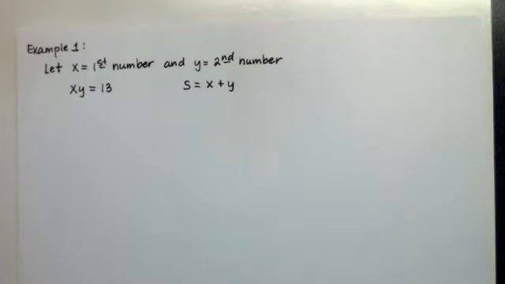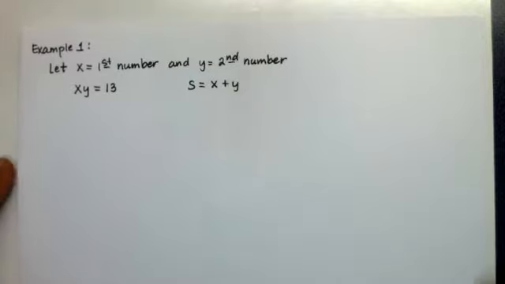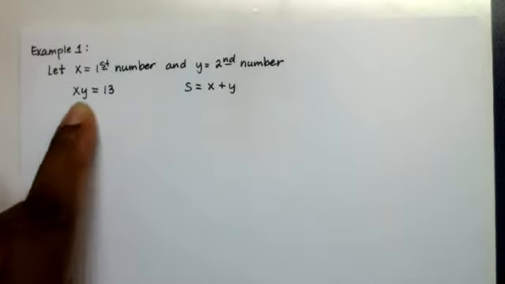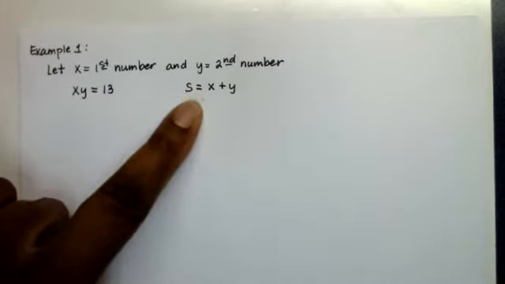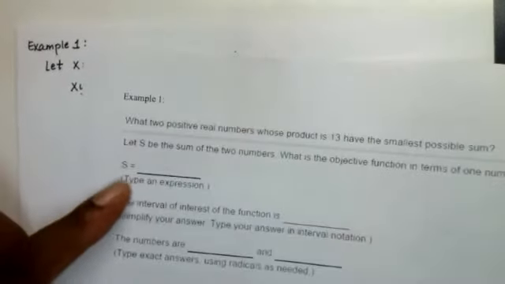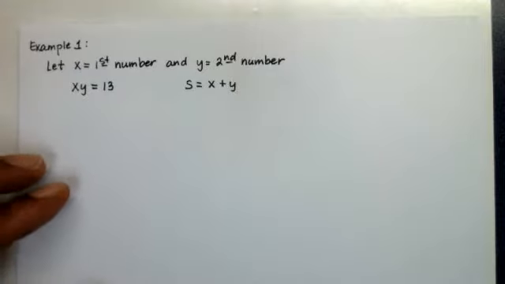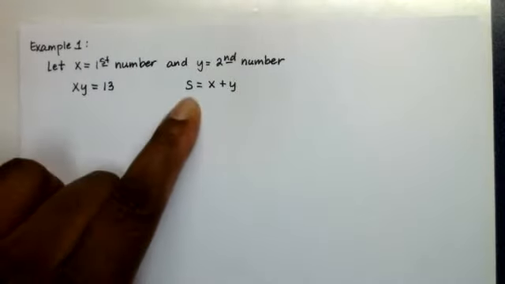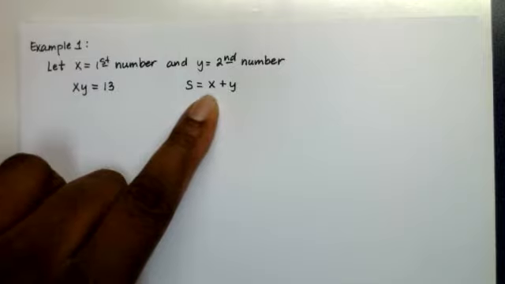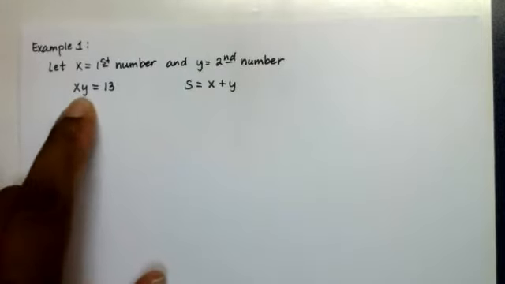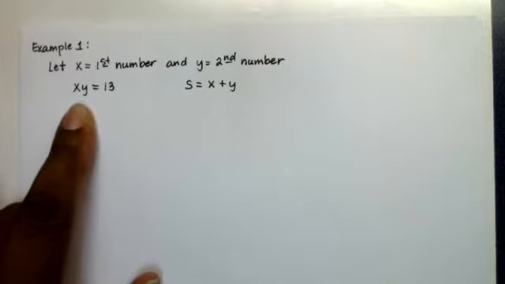So I need to come up with an objective function for this. I want S, because in the problem, they want S equal to what? That means S has to be in a single variable. So I'm going to let S be in terms of X. That means I need to find out what Y is in this equation: X times Y is equal to 13.